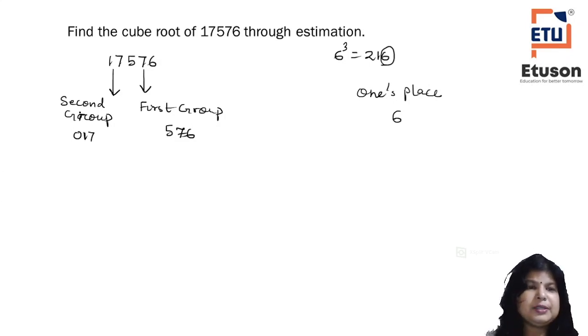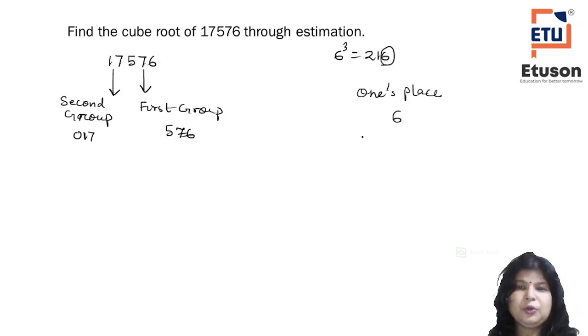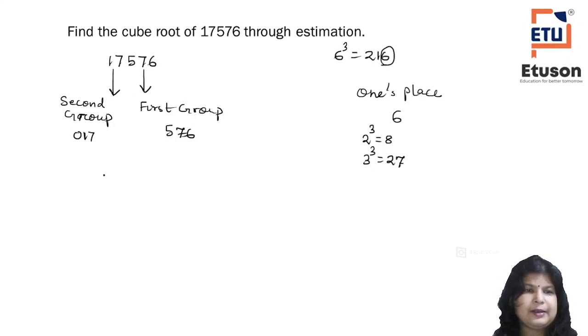Now come to the second group. The second group is the number 17. Now you know that 2 cube is equal to 8 and 3 cube is equal to 27, right? So this number 17 lies between 8 and 27. Correct or not?